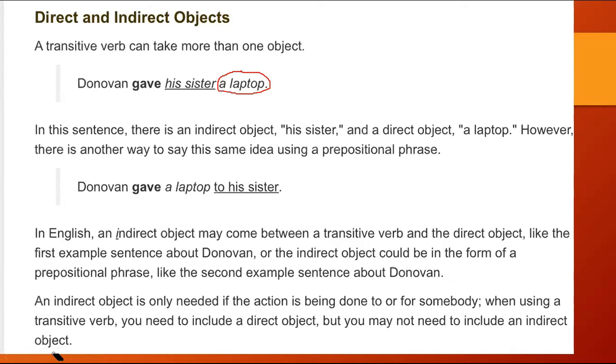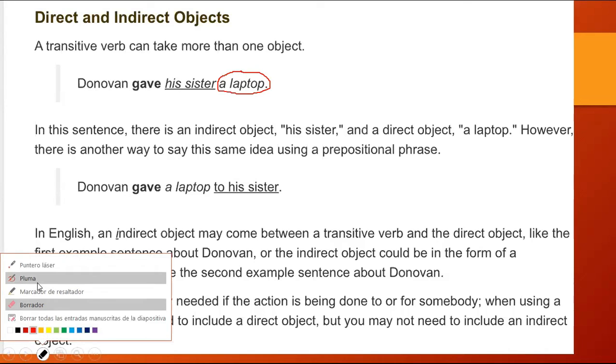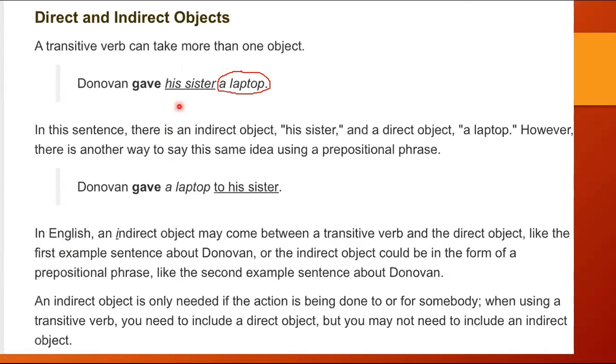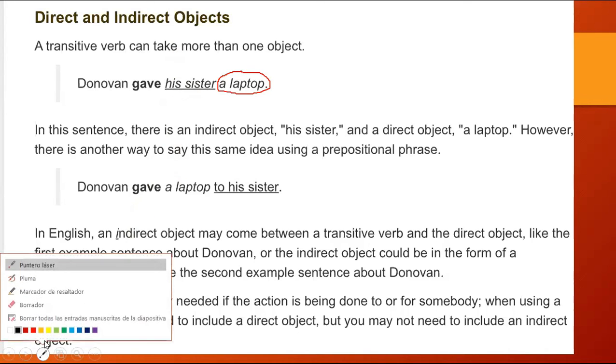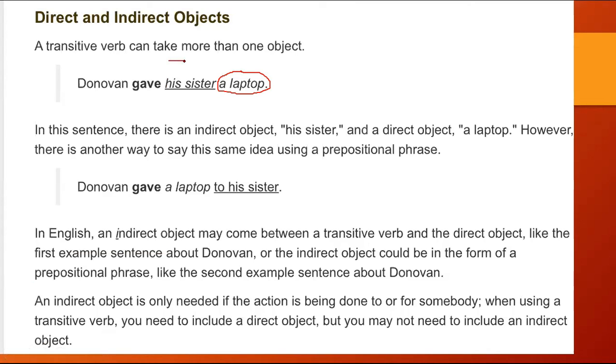So his sister will be an indirect object. It answers the question to whom. It's not obligatory for us to have an indirect object, but if you say it's a transitive verb, it must have an object. It's impossible for a transitive verb to be without a direct object.